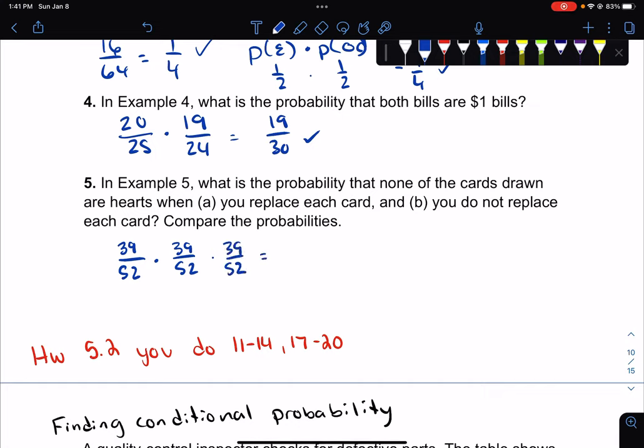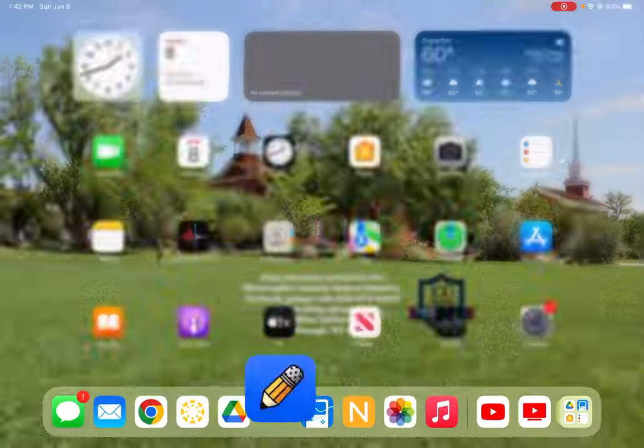That's why there was 39 each time. The second way, I'm not going to put the card back. So 39 out of 52 are not hearts, 38 out of 51 that are left are not hearts, and then 37 out of 50 that are left are not hearts.